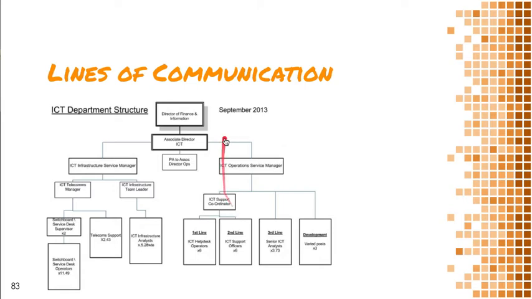Now, if they don't know the answer and they need help, they follow their line and go up to the ICT operations service manager. If that person can't resolve the issue, they go up the line and get to the associate director. And if they can't solve it, they go up the line to the director of finance and information.